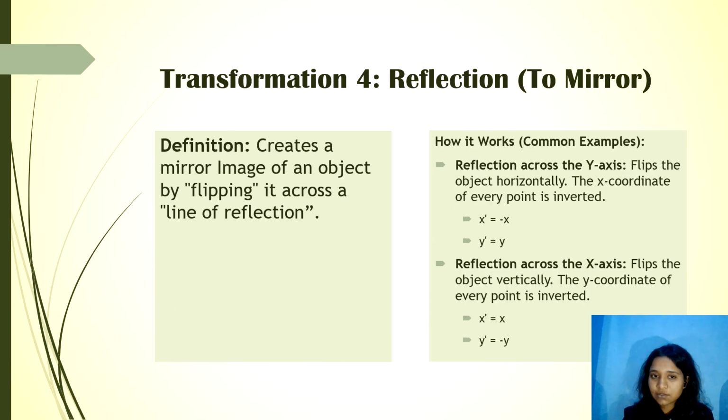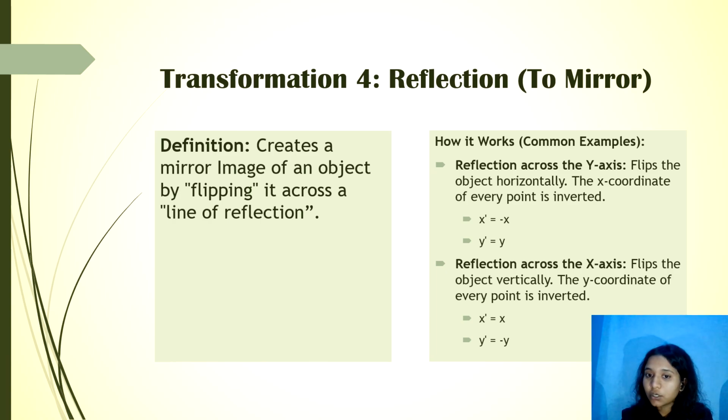Let's move to the next transformation, that is reflection, to mirror. The common definition for reflection is that it creates a mirror image of an object by flipping it across a line of reflection. And how does it work? The common examples are reflection across the y-axis and reflection across the x-axis. If we talk about the y-axis, it flips the object horizontally.